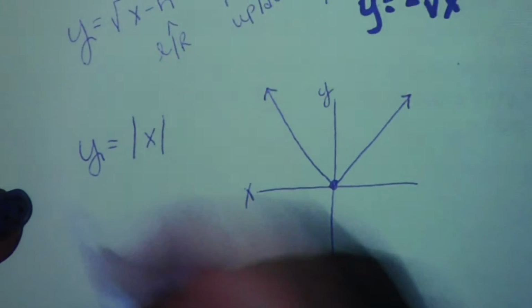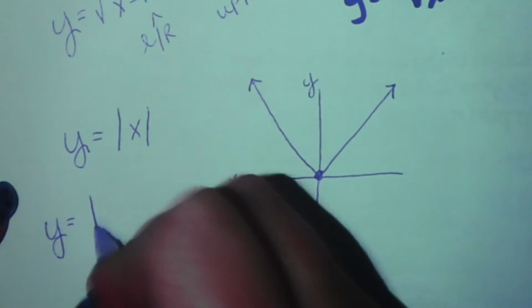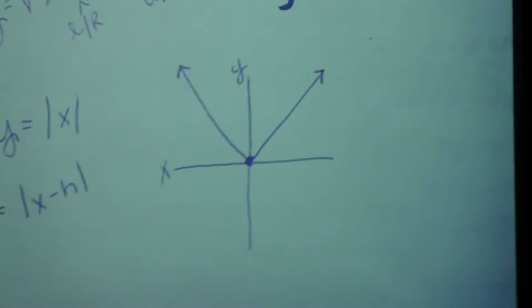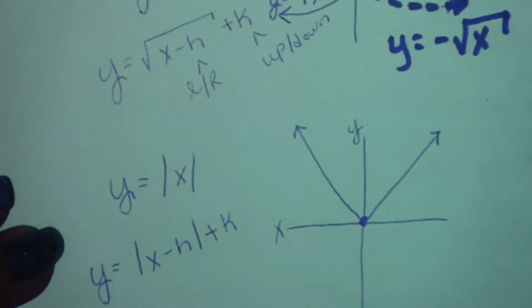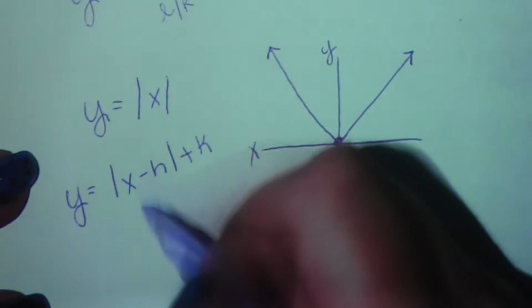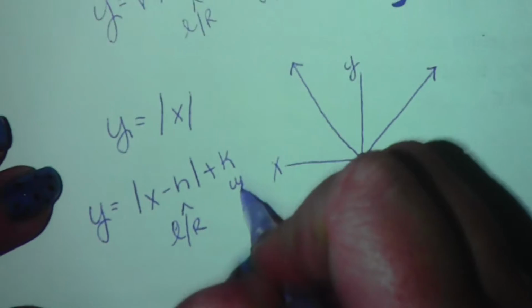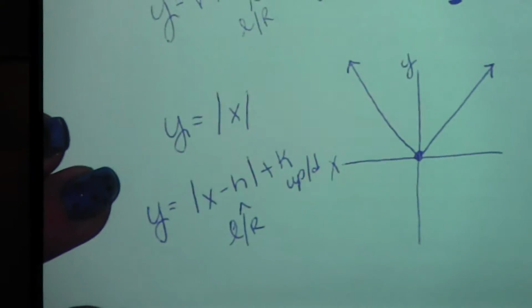And we could move that left and right by adding an H value inside of our absolute value signs. And we could move it up and down by adding a K value outside. So this was still left and right, and this was still up and down.